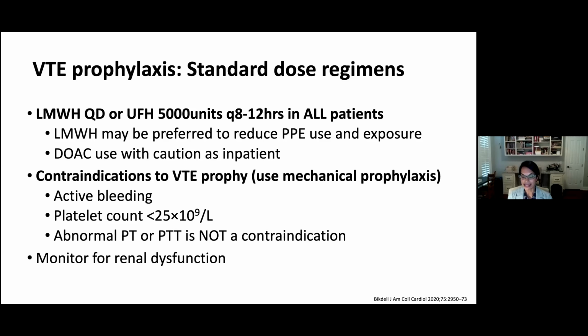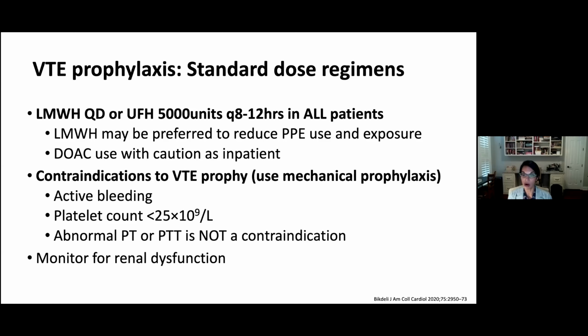Since COVID-19 is inherently pro-thrombotic, we just need to make sure we're assessing the thrombotic risk as well as the bleeding risk. Now, I've already mentioned that the bleeding risk is quite low, so it's going to be a rare COVID patient that has true contraindications to pharmacologic prophylaxis.